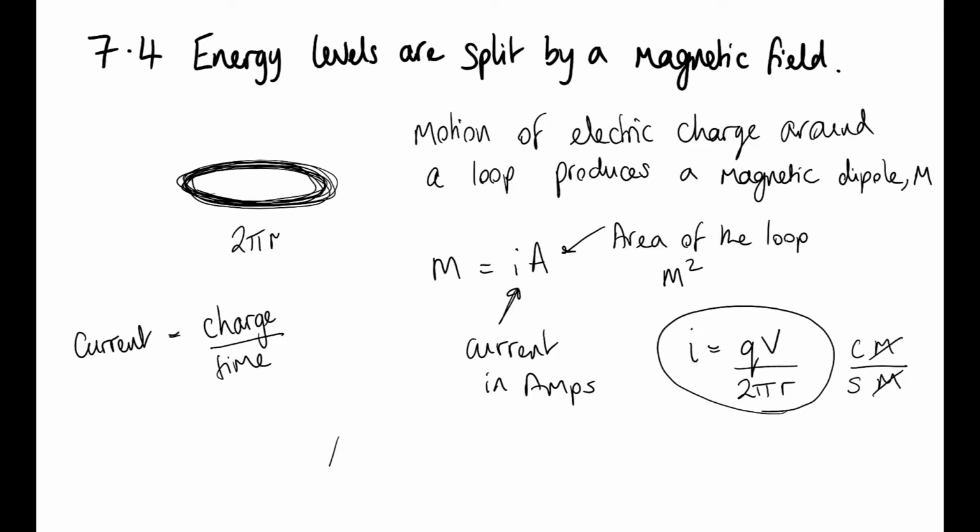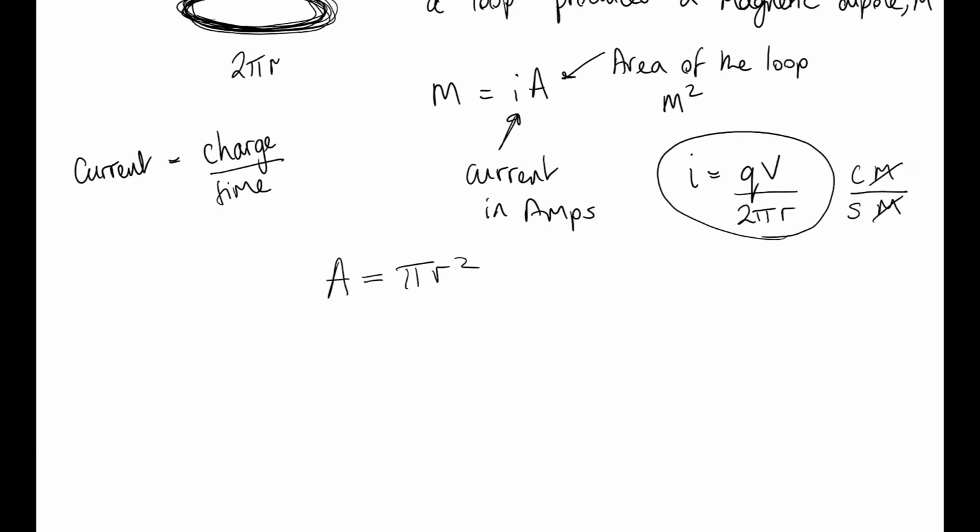Of course, we also know that the surface area of the loop is equal to pi r squared, and that unit is also going to be in meters squared. By the way, why do we care about this? Let's put some context around this for a second.